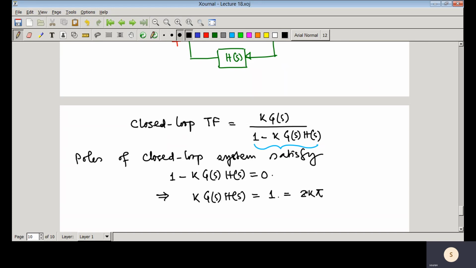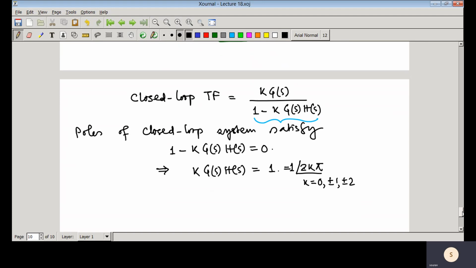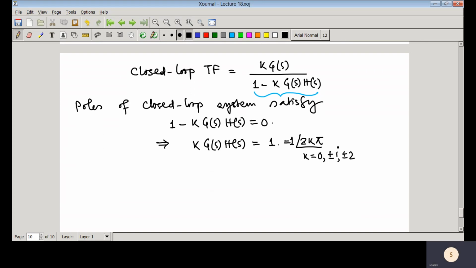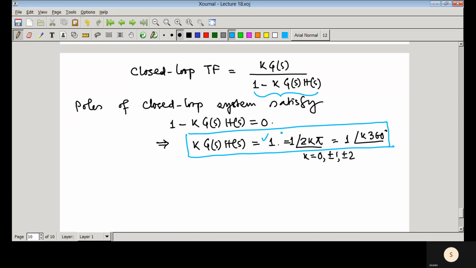So that is the angle, and here k equal to 0, plus minus 1, plus minus 2, so that means the angle would be k into 360 degree. This particular condition should be satisfied just like the negative feedback structure. Only the difference here is the sign. Whenever it is plus, it is one angle k 360 degree.